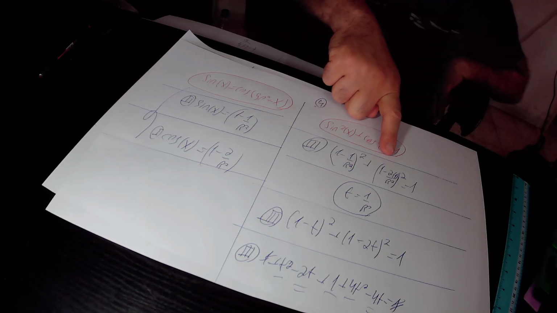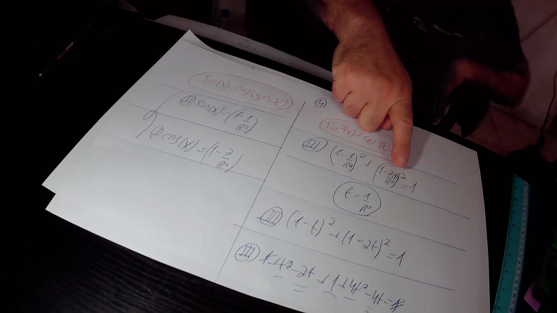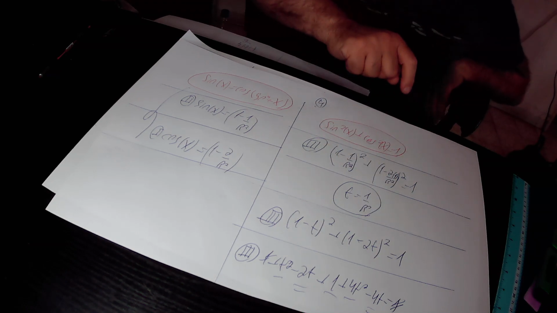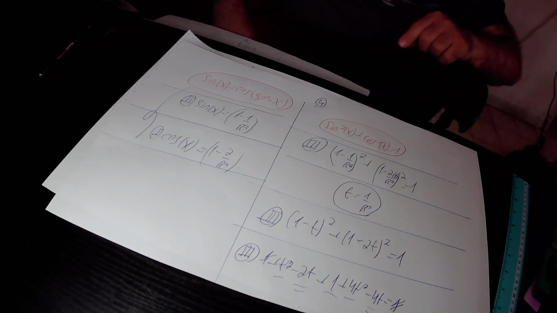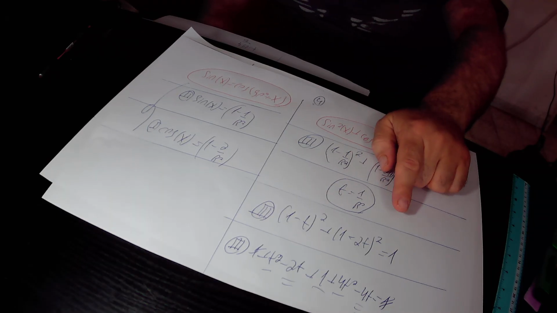And here we have 1 minus 2 times 1 over r squared. 1 over r squared is t, so in total, this expression will be equal to (1 minus 2t) squared, and it equals 1. So in conclusion, we find that (1 minus t) squared plus (1 minus 2t) squared equals 1.